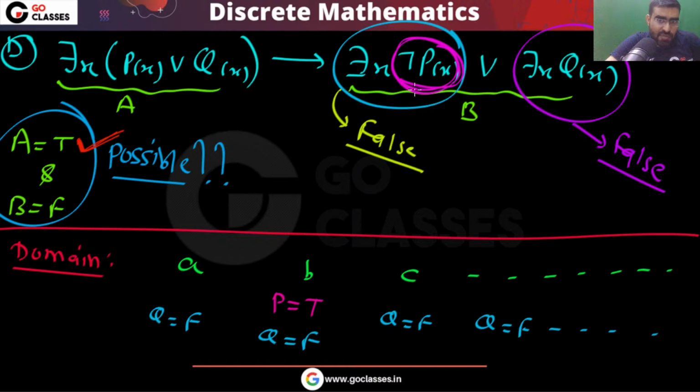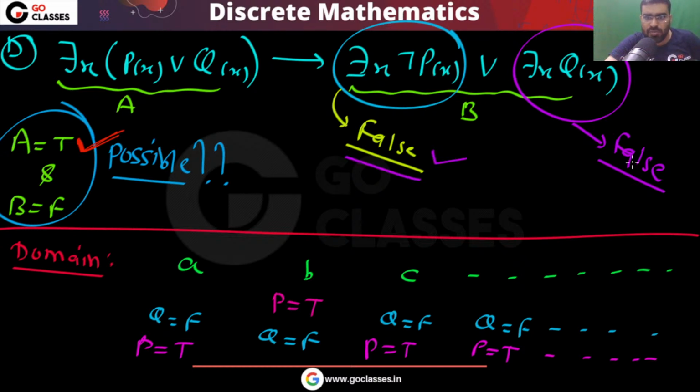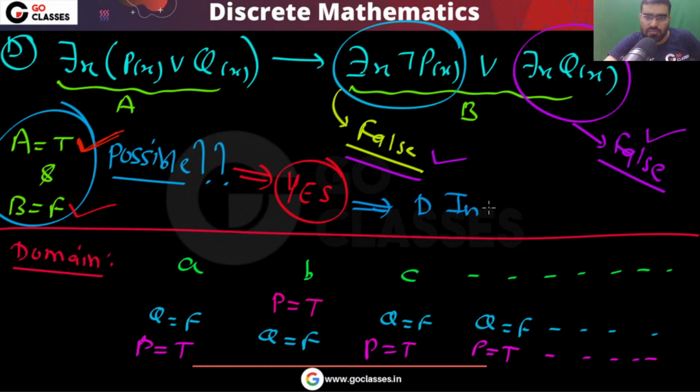So for every element, P must be true. So yes, I can do this. For every element, P must be true. So yes, this is possible. Answer is yes, this is possible. And if this is possible, then D is invalid.